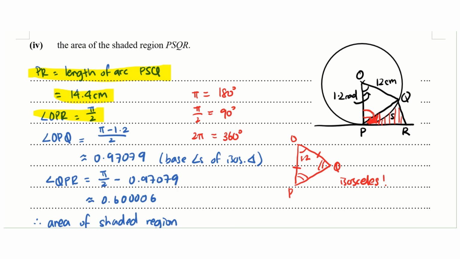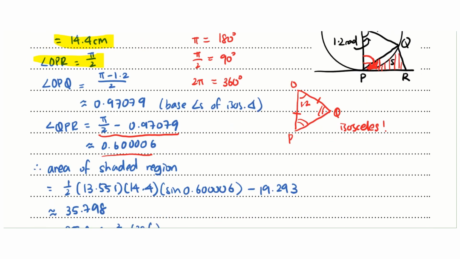But of course, we are doing radians, so I will do pi over 2 minus the angle OPQ, and I will get this value. Do notice that I took more than a truncated 5 significant figures. I took one more digit because I saw that there was a series of zeros. To give high accuracy, I took one more digit that is not 0. Now let us piece up all this information.